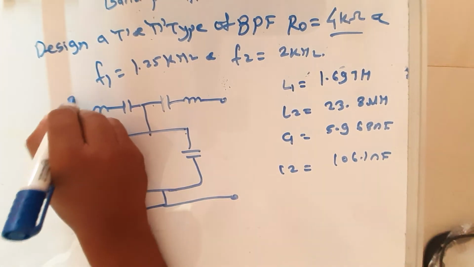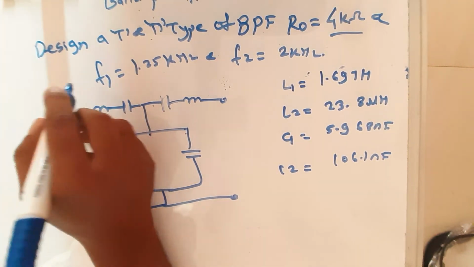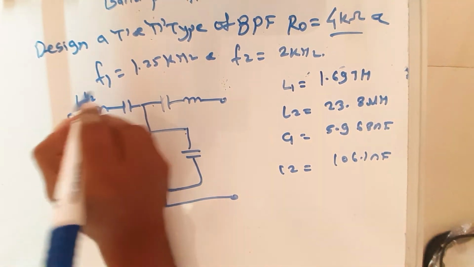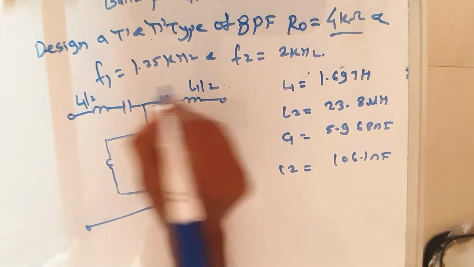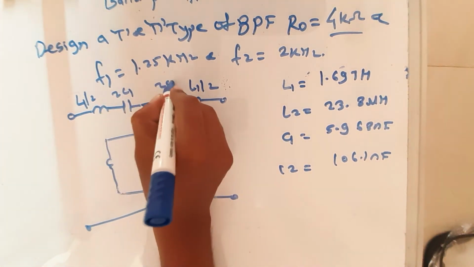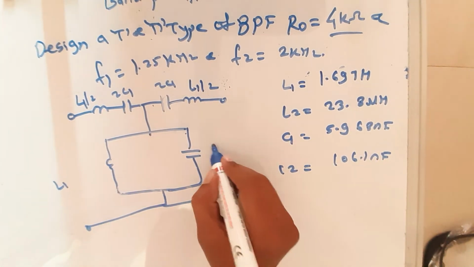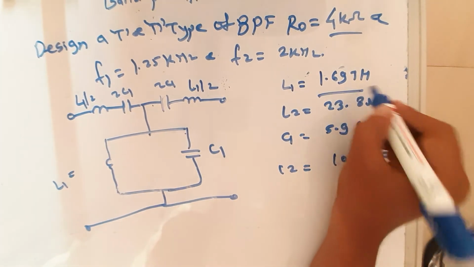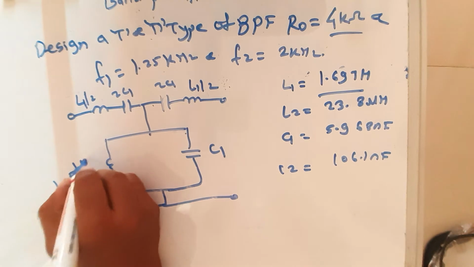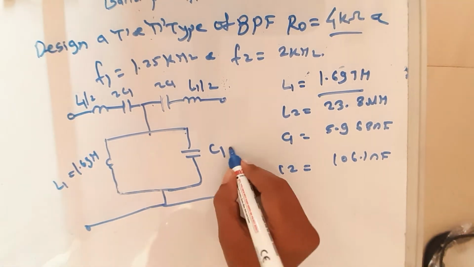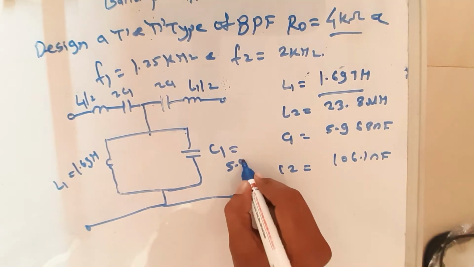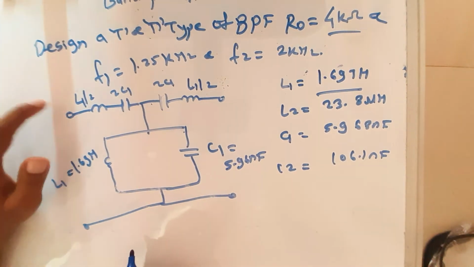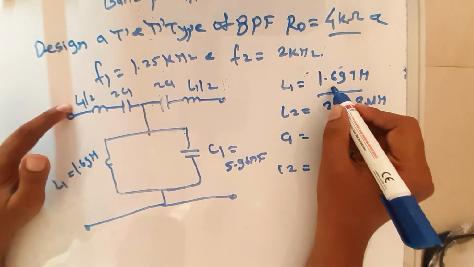So here this value is L1 by 2, L1 by 2, twice C1, L1, C1. Okay, so we'll write down L1 equal to what, 1.69 Henry, C1 equal to 5.96 nanofarad.